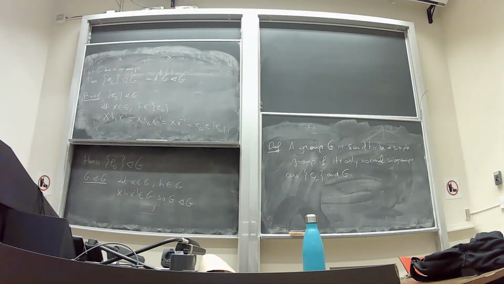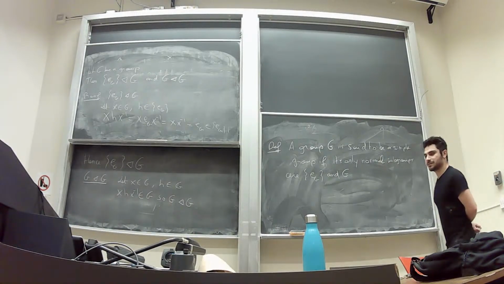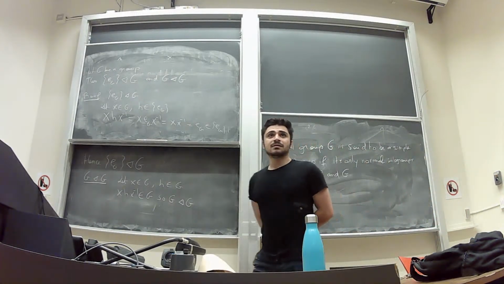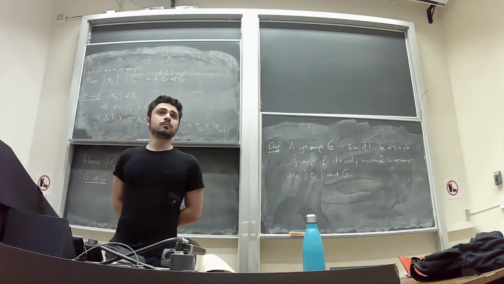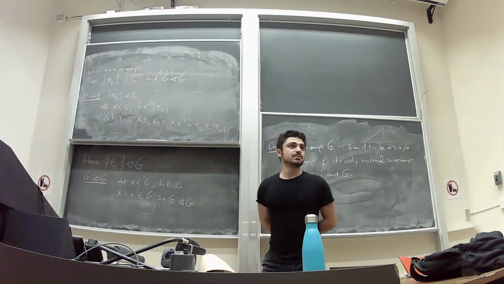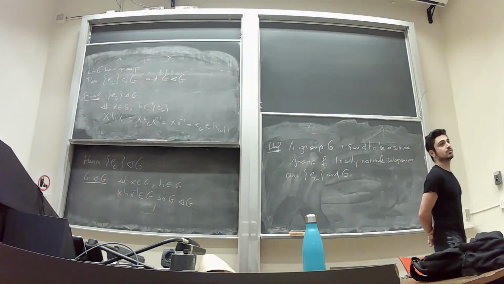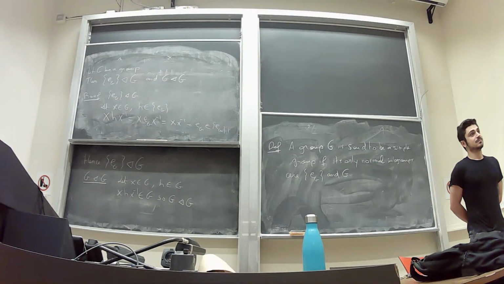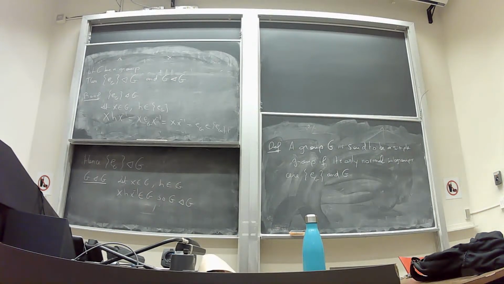Now I know that for every divisor d of n, I have a subgroup with d elements of Z mod nZ, because Z mod nZ is a cyclic group, right? So if n is not prime, then Z mod nZ is not simple. If n is prime, Z mod nZ is simple.